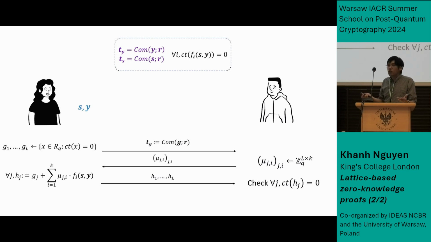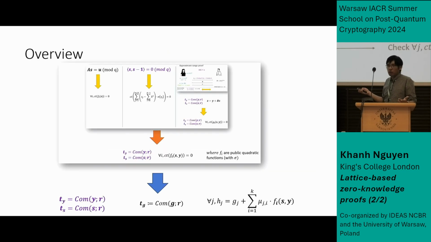Now the verifier checks whether the constant terms are 0, which holds by completeness. But what we have left to do is prove that the h_j are well formed. In particular, we reduce this problem to literally proving quadratic equations over R_q.